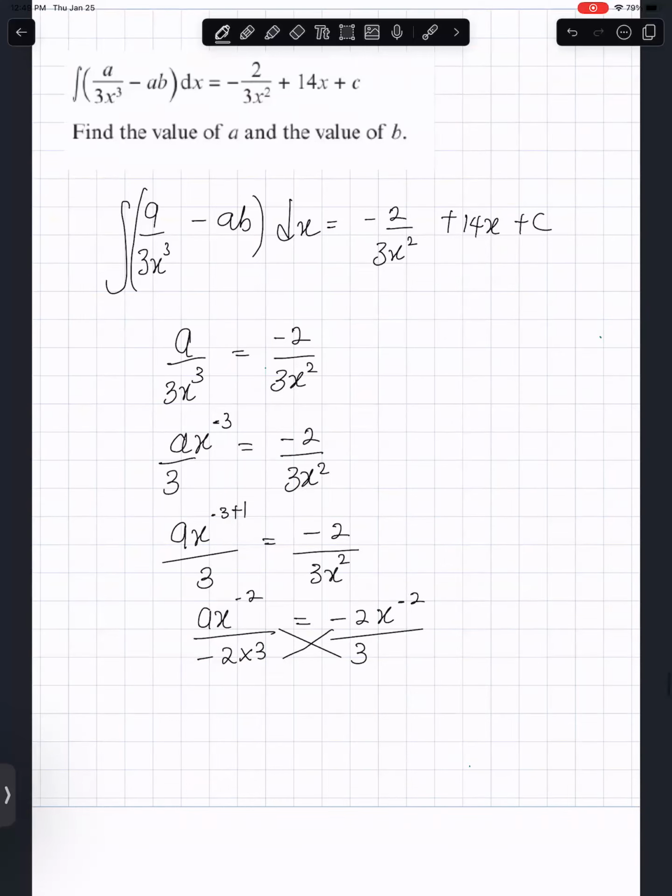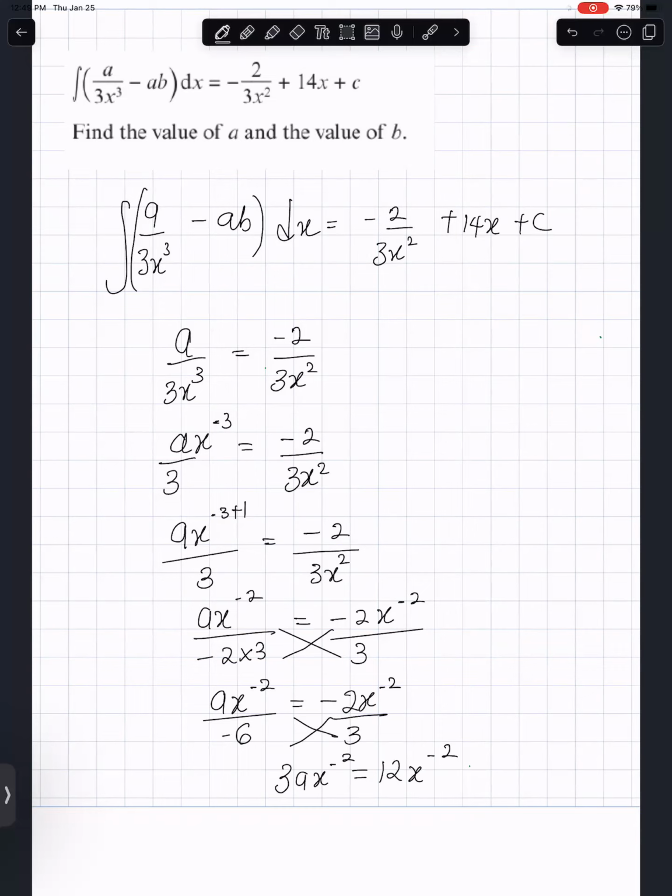We have a x to the minus 2 divided by 6, negative 6, will give us minus 2 x to the minus 2 over 3. So crossing both equations gives us 3a into x to the minus 2 equals minus 6 times minus 2, which gives us 12x to the minus 2.